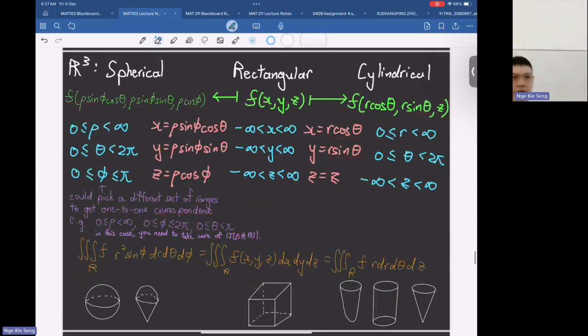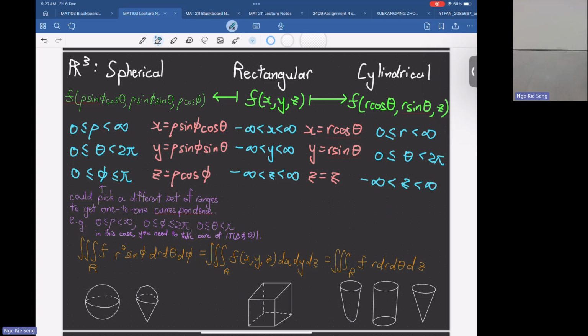And in R3, we have an analogous thing here. So we can go from rectangular to spherical. We can also go from rectangular to cylindrical. And then I write out the transformation in between them. Similarly, you should see what object is favored, what integration domain is favored under each coordinate.